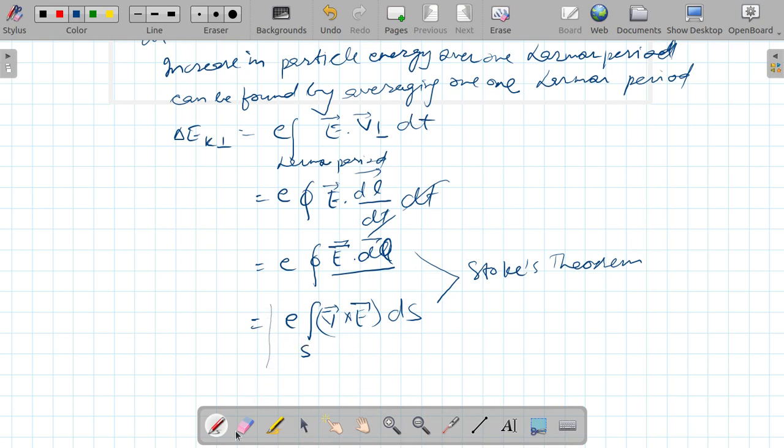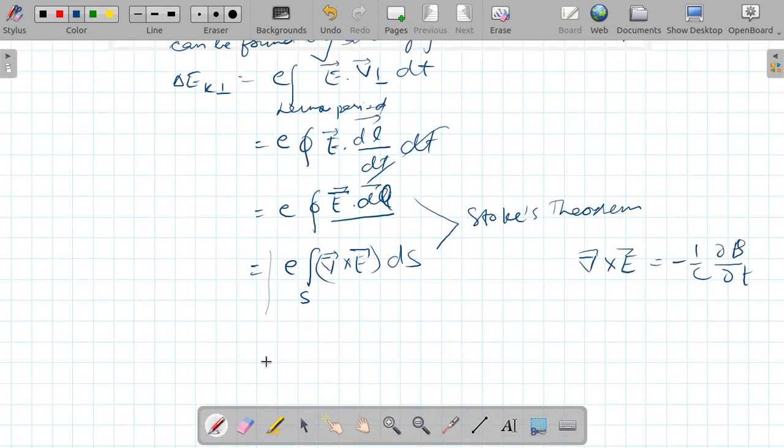And if I use Maxwell's equations, then del cross E is nothing but equal to minus 1 by c, curly B over curly t. So what does it mean? It means it is minus q by c, curly B over curly t, integral over S into dS.